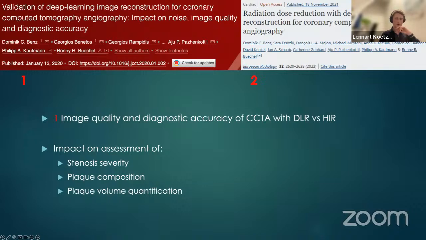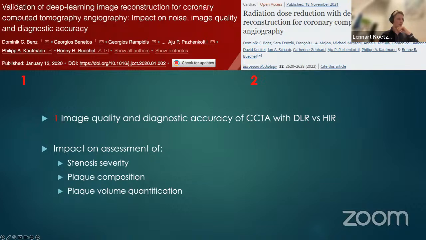So I wanted to show this study on coronary CT angiography by Benz's research group. They performed two studies. And in these studies, they looked at the image quality and diagnostic accuracy of CCTA reconstructed with either deep learning reconstruction or hybrid iterative reconstruction.